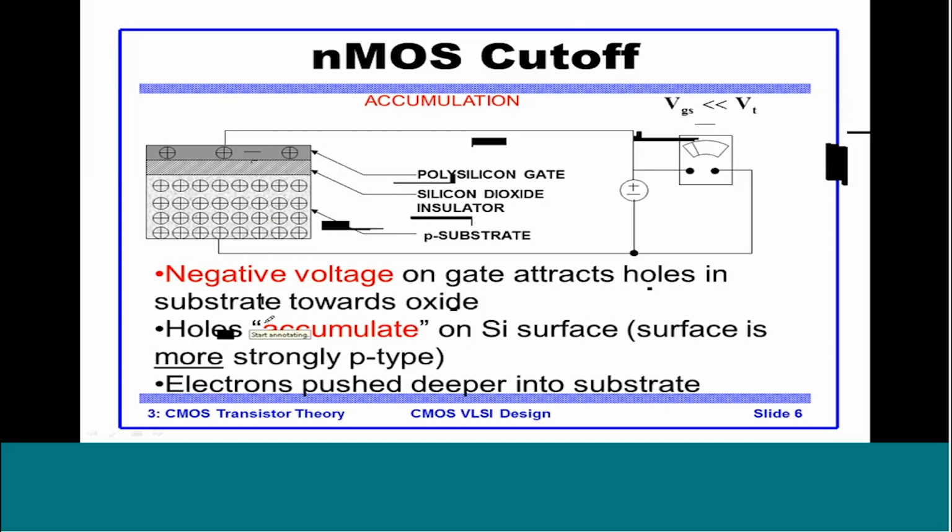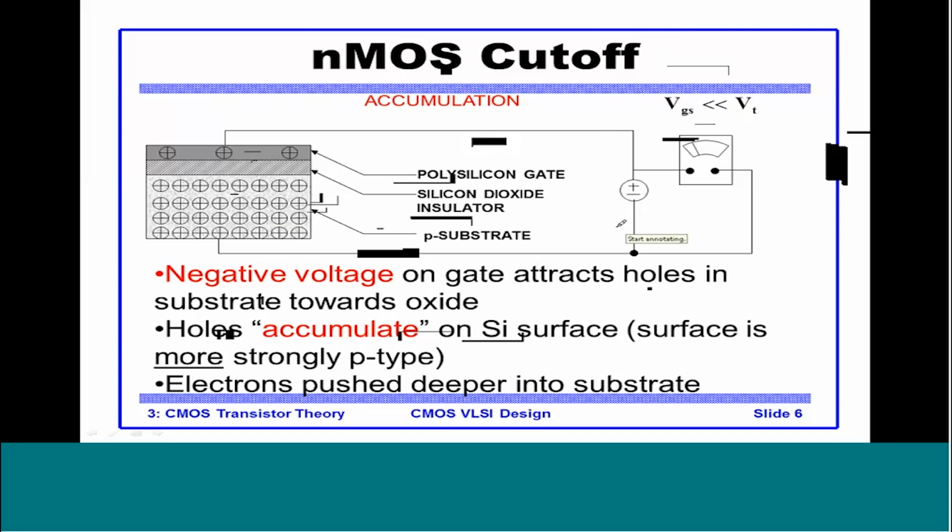The holes will accumulate towards the surface, or in other words, the electrons here will be pushed down. This means that there will be no current. So we say the NMOS is in cutoff region.